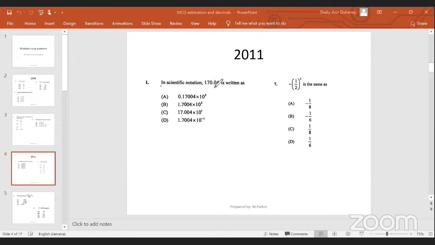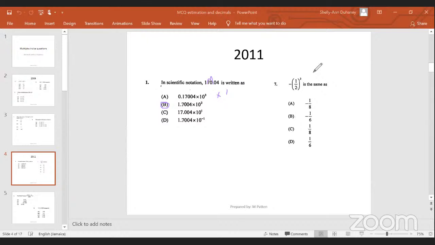We put the point between 1 and 7, the first two non-zero digits. Good. So it is times 10 to the second power. So therefore our answer is B. Could have been nothing else.